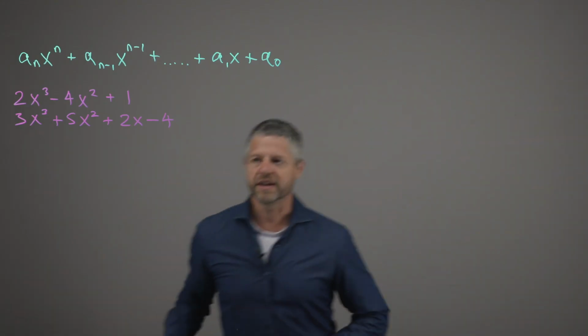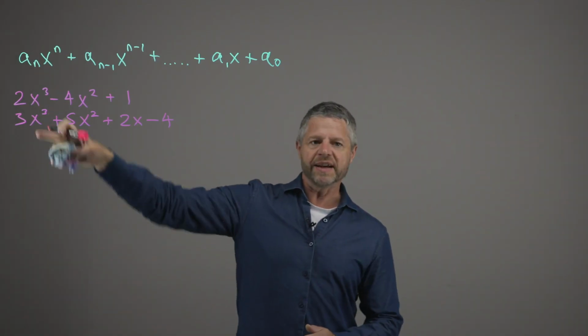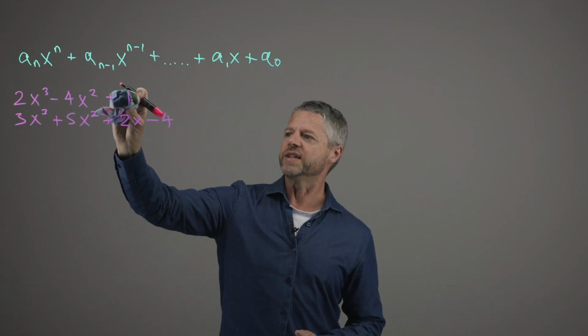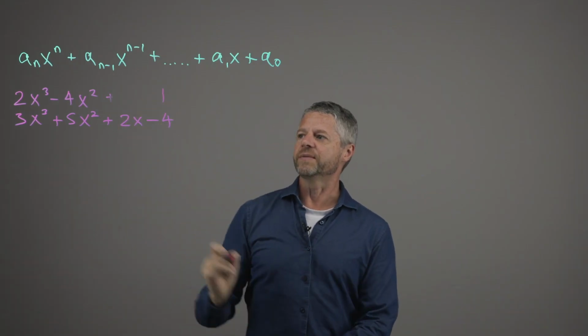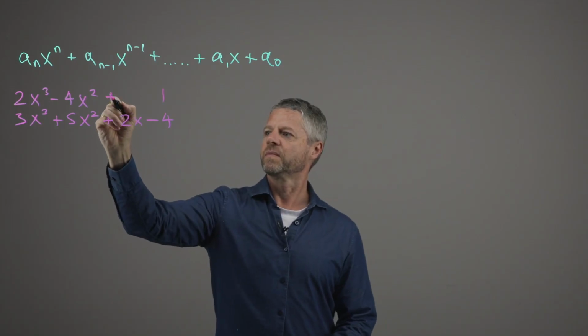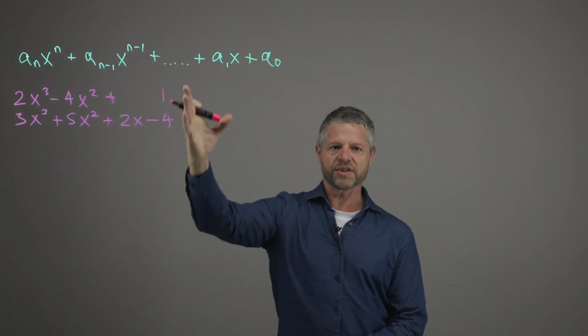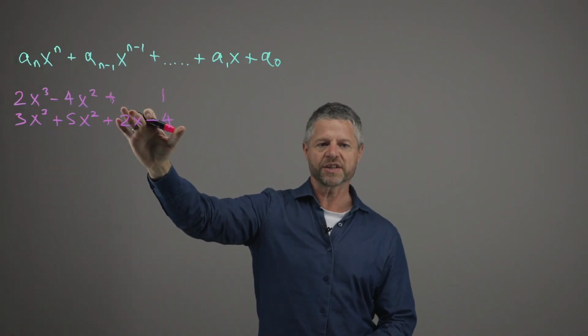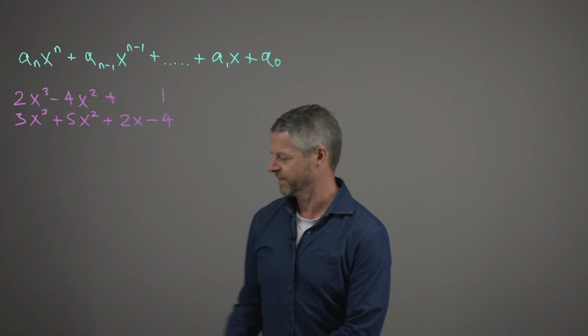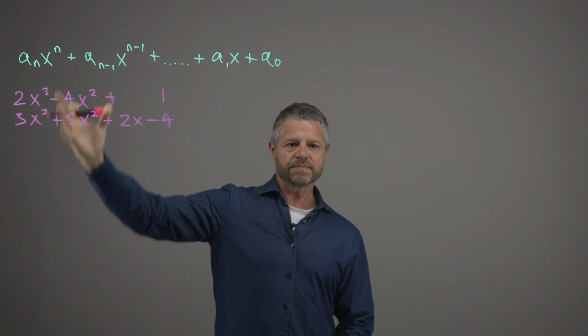It's nice, actually, if we line things up. So what I'm going to do here is move that 1 over here so that it lines up in the constant column. And then we can see explicitly that we don't have any x's to worry about in that first polynomial. Now I'm just going to add down the columns.